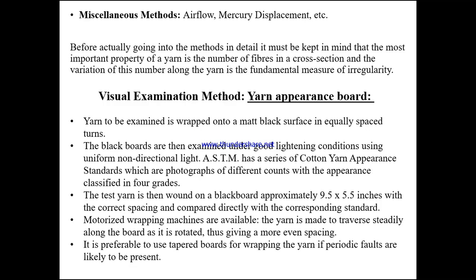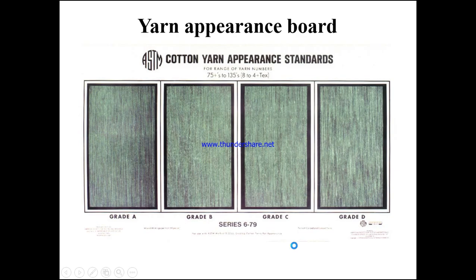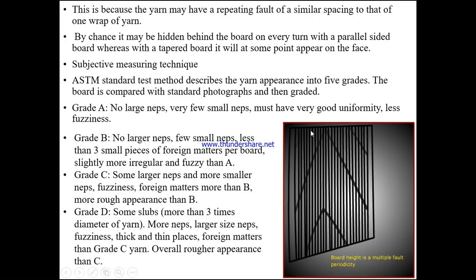So in that case, you need to use a tapered board. The board should not be in a rectangular form. The board should be tapered, which means its two sides will not be the same. Just as you can see in this diagram, the length of this side is higher than the length of the right side.